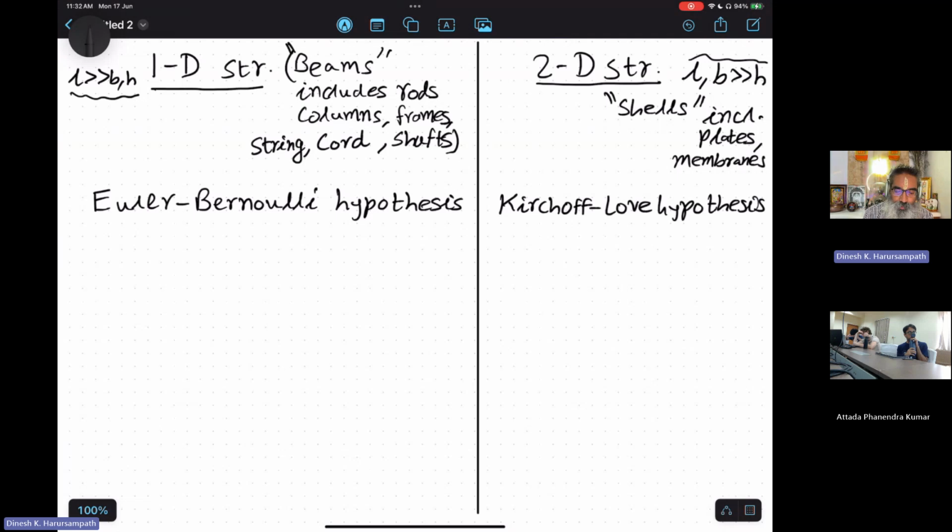So what we were talking about in terms of the smaller dimensions here, so remember, is the cross section. Whereas here, the smaller dimension that we are talking about is h, which is the thickness.